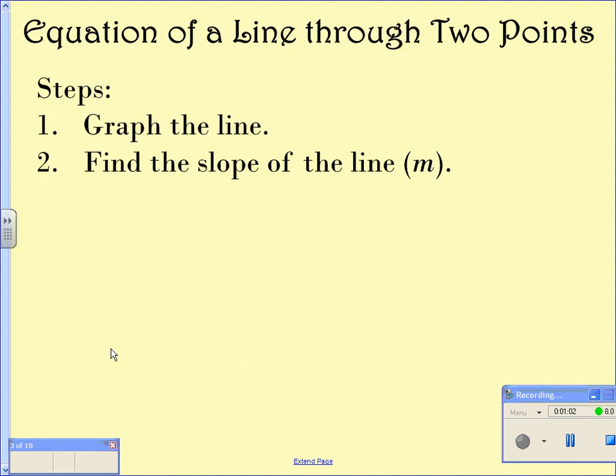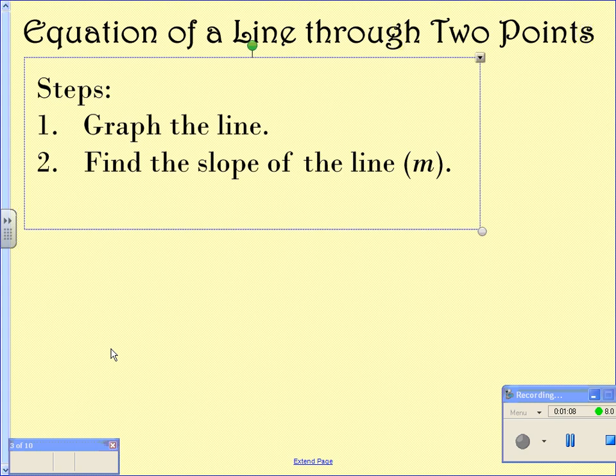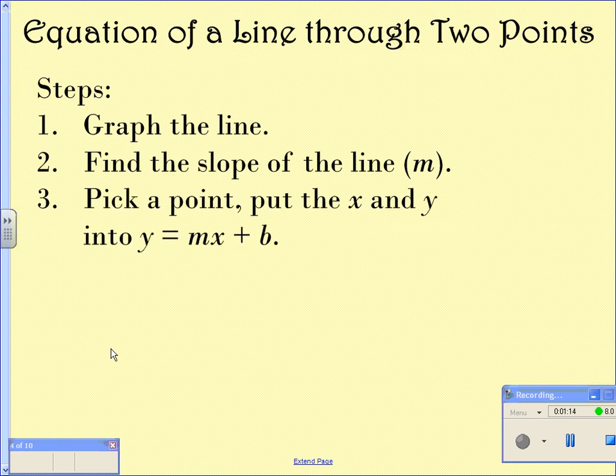Rise over run. You're going to start and you're either going to go up or down, then you're going to go left. You're going to pick a point on your line, and you're going to plug in the x and y into y equals mx plus b.